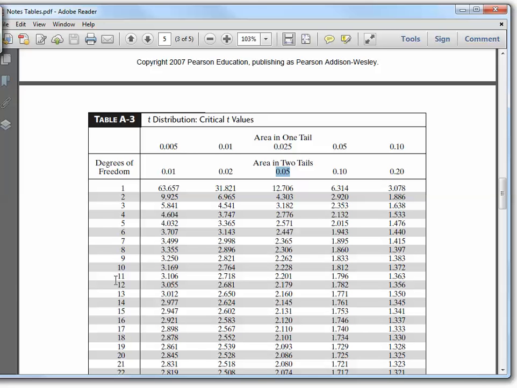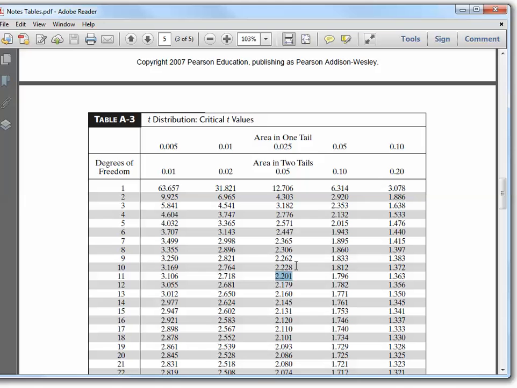So we can see in this case that we have a degree of freedom of 11. So at a degree of freedom of 11, we would come over to the 95% confidence interval, and we see that our t-distribution value is 2.201.